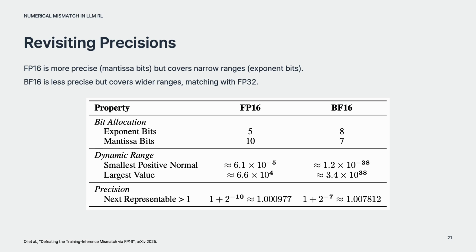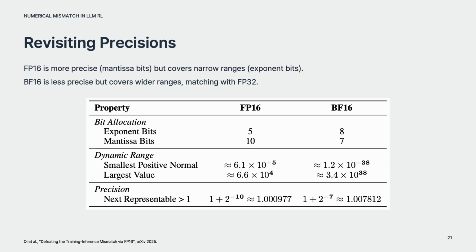Before discussing the empirical results, let me briefly revisit numerical precision. Although both float point 16 and BF16 use 16 bits in total and therefore have the same memory footprint, they allocate these bits differently between the exponent and mantissa.